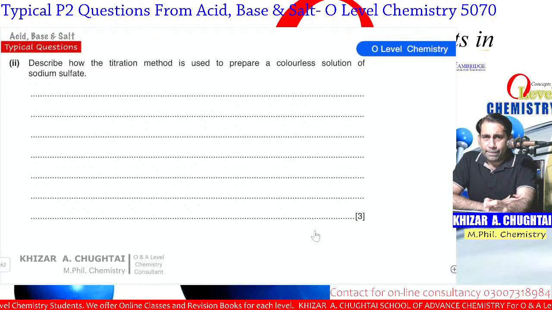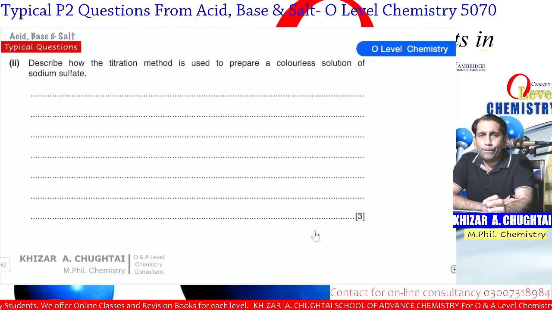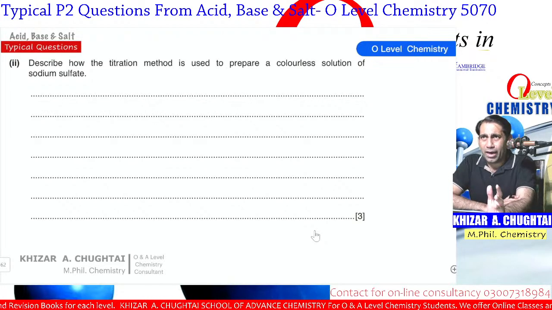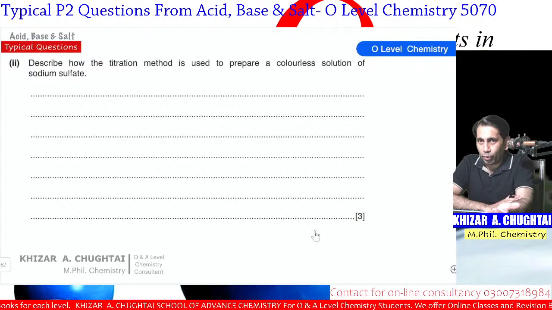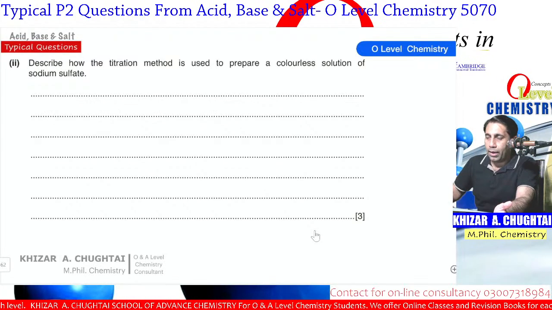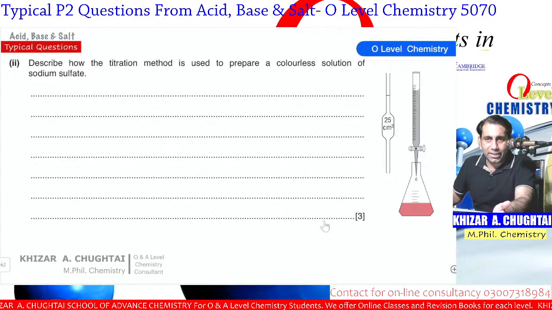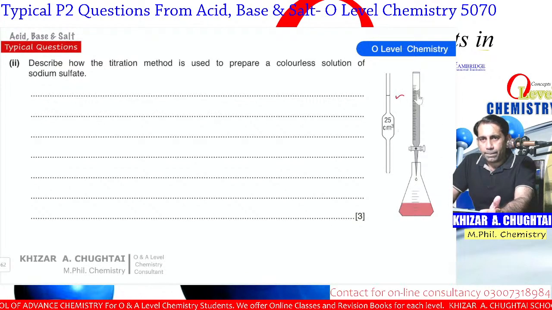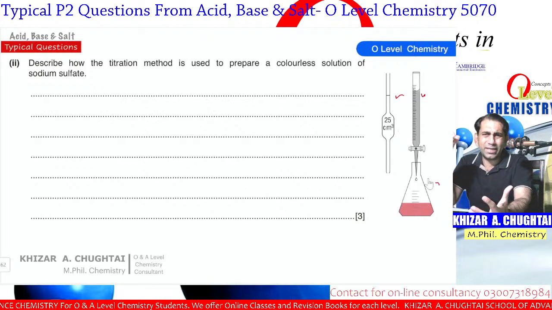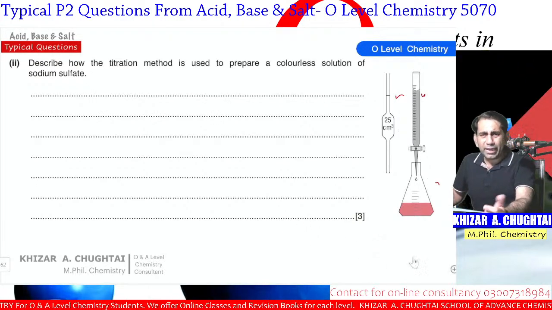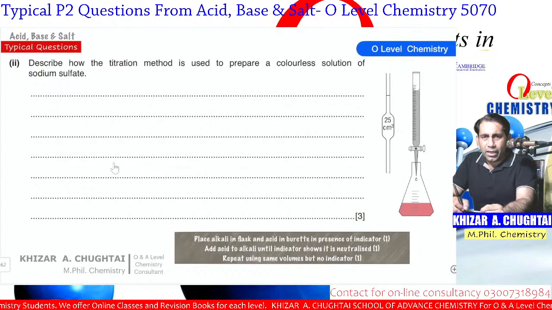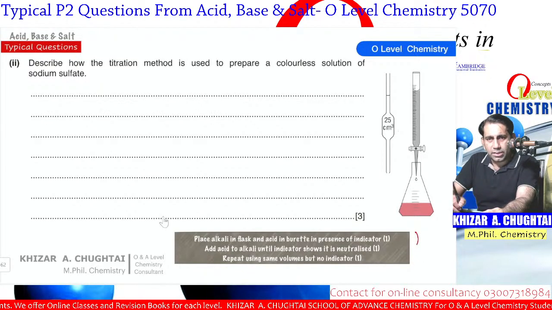Describe the titration method which is used to prepare a colorless solution of sodium sulfate. For the titration method, basically there are three major pieces of equipment required. Number one, the pipette. Number two, the burette and flask. So pipette, burette and flask, these are the basic requirements. Then, it's a 3-mark question and this is the appropriate answer.